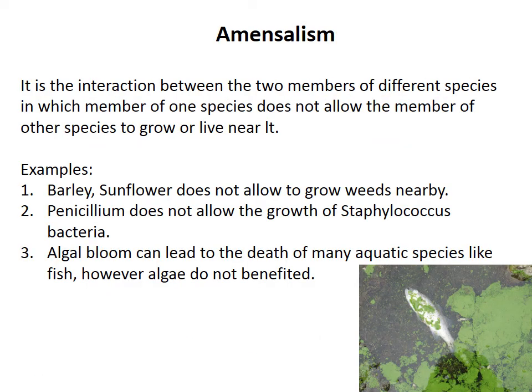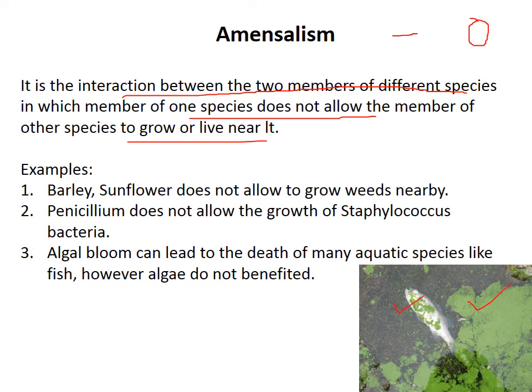Next is amensalism. Amensalism is the interaction between members of two different species in which one species does not allow the other to grow or live near it. One is negative and the other is zero. A very good example is algal bloom: due to the algal bloom the fish is dying.